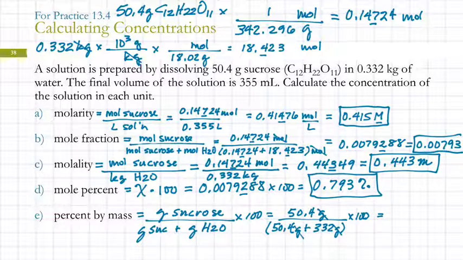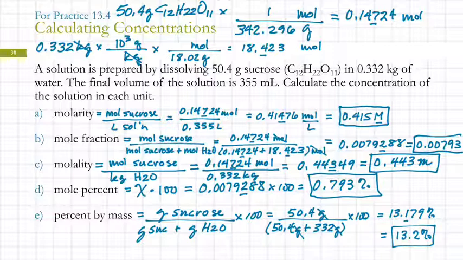The gram units here cancel out as well. 50.4 divided by the quantity 50.4 plus 332 times 100, 13.179%, rounding to 3 sig figs, 13.2% sugar by mass.